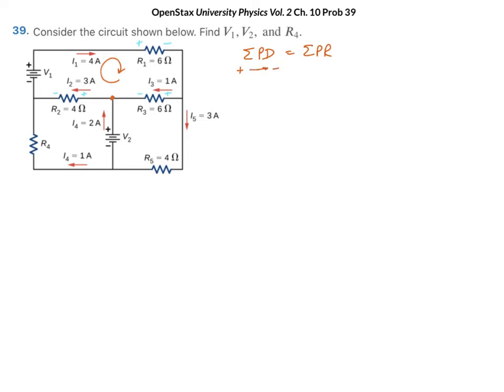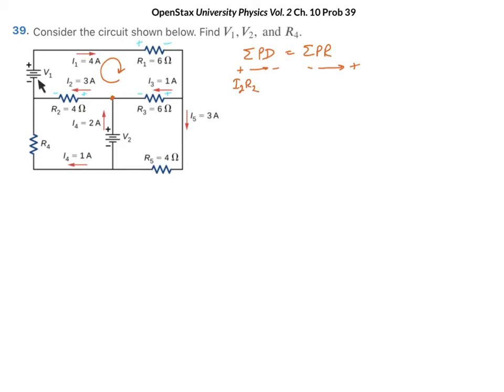Potential rise means that I'm going from a lower potential to a higher potential. As I start going from here in this direction, I'm going to go through resistor R2 with current I2 from a higher potential to a lower potential. So this goes on the drop side of the equation. So I'm having I2 R2 over here.